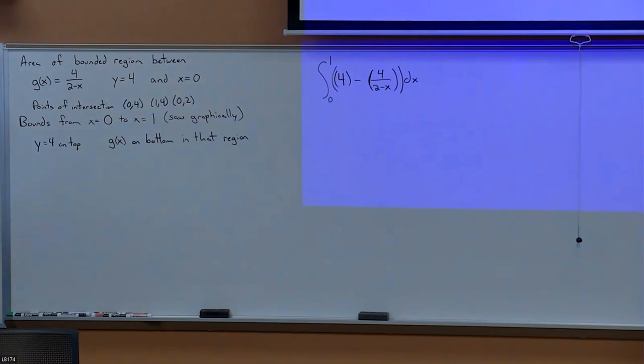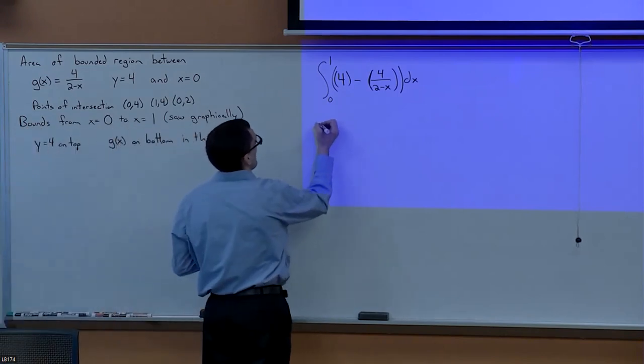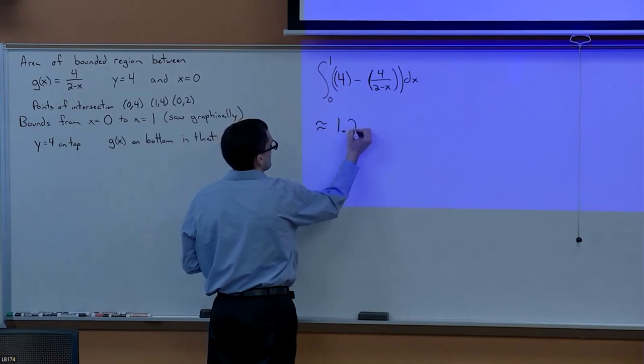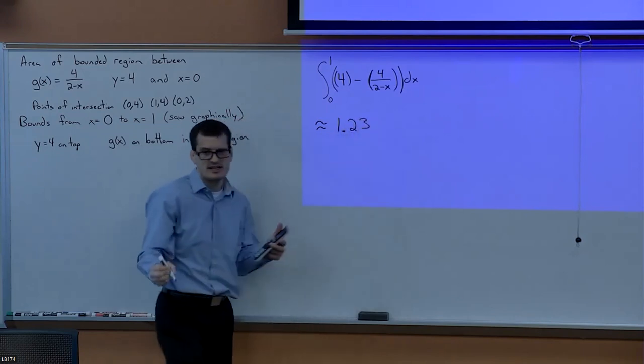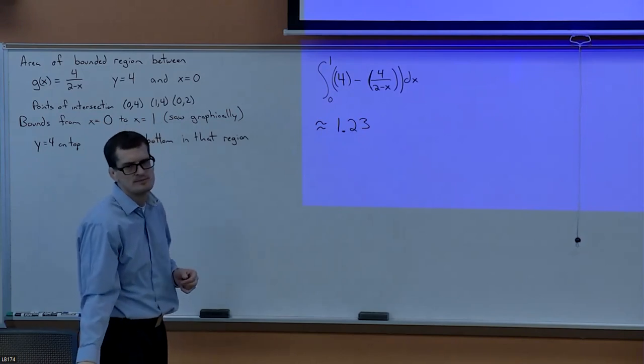Be careful when you type this in. There's a lot of parentheses around. And in this one, I get approximately 1.23 as the area. So everybody else got?